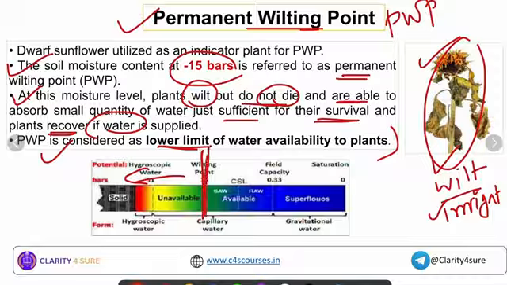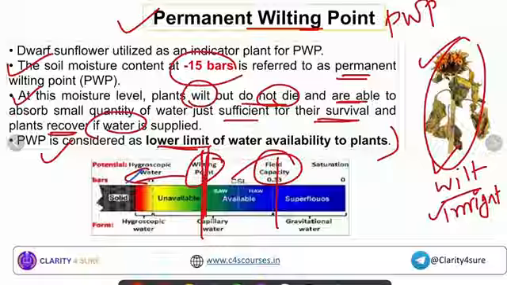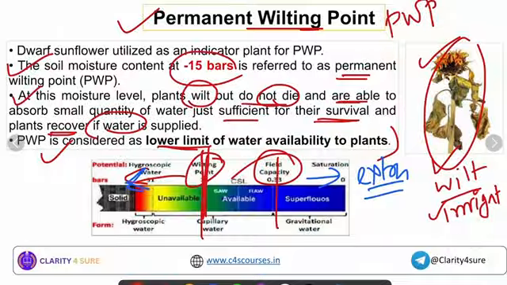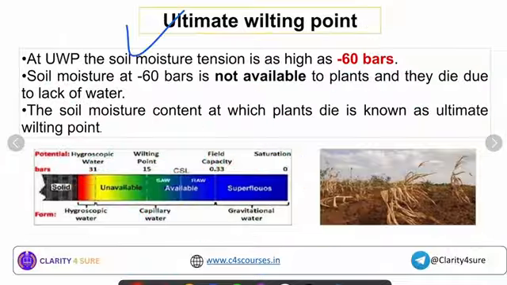Okay, so this is the lower limit, and the field capacity was the higher limit. Below this, the crop will not survive, and above this, there is extra water that we don't need. And the last one is the ultimate wilting point. The soil moisture tension at this is as high as minus 60 bars.